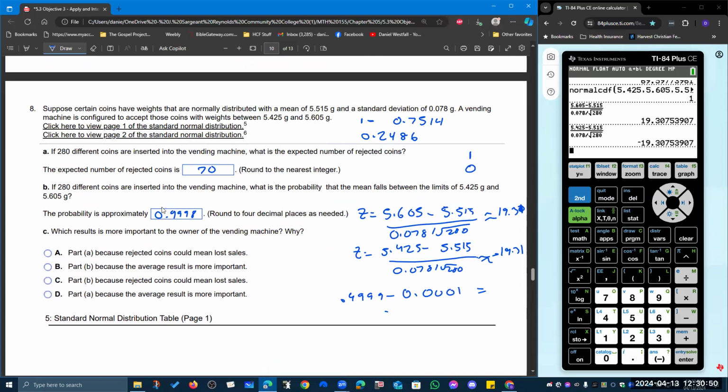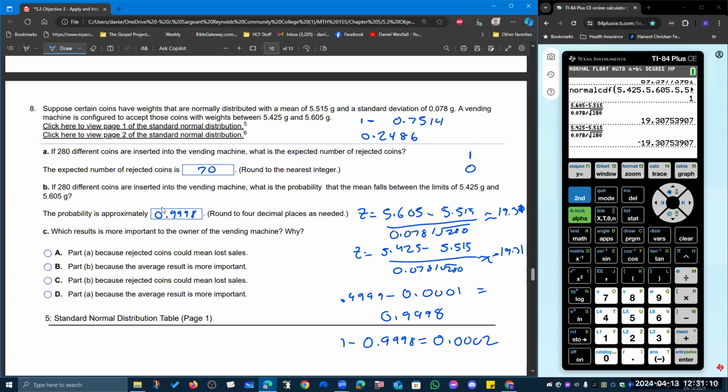And we get 0.9998. And that's in our region that they say is going to be accepted. And then to get rejection, we do 1 minus that. And that's how they get there like that.